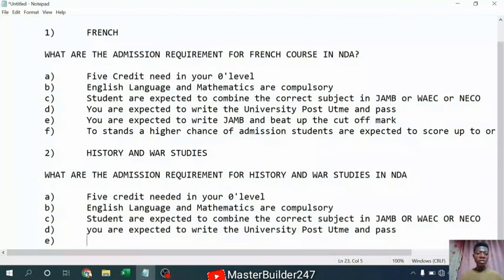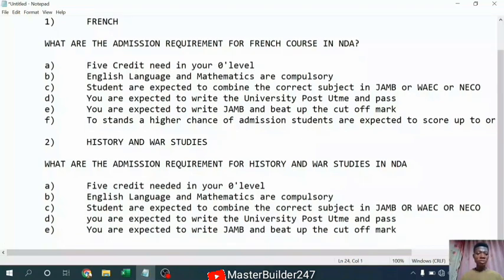So the E aspect of it is that you are expected to write JAMB and hit the cutoff mark. Okay, cutoff mark is important.